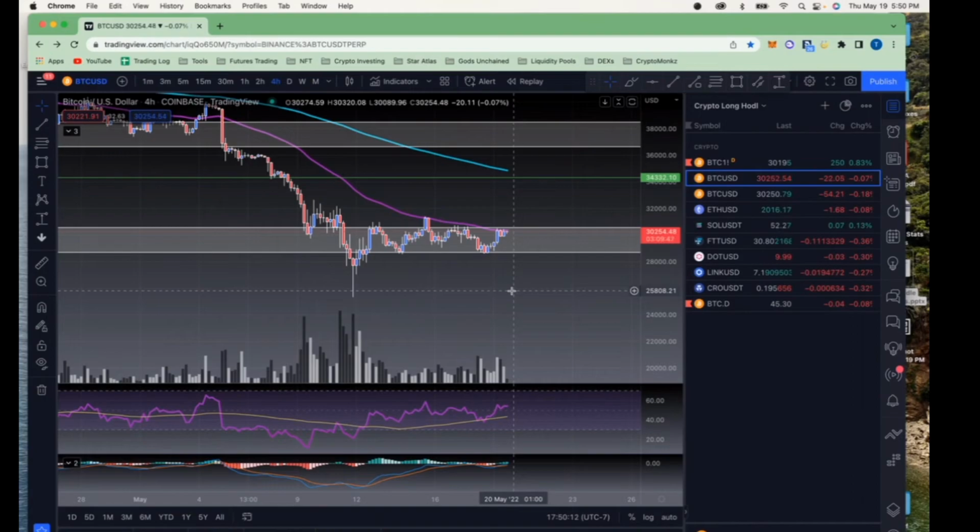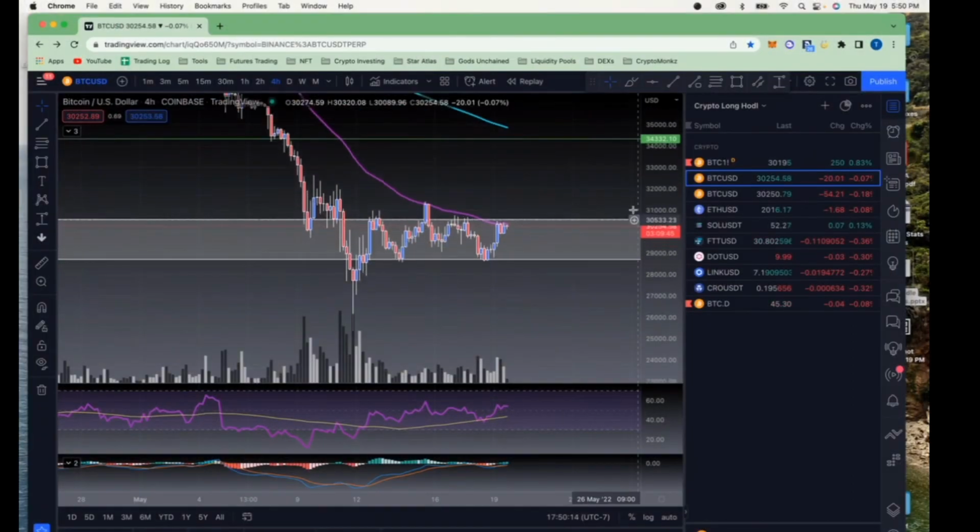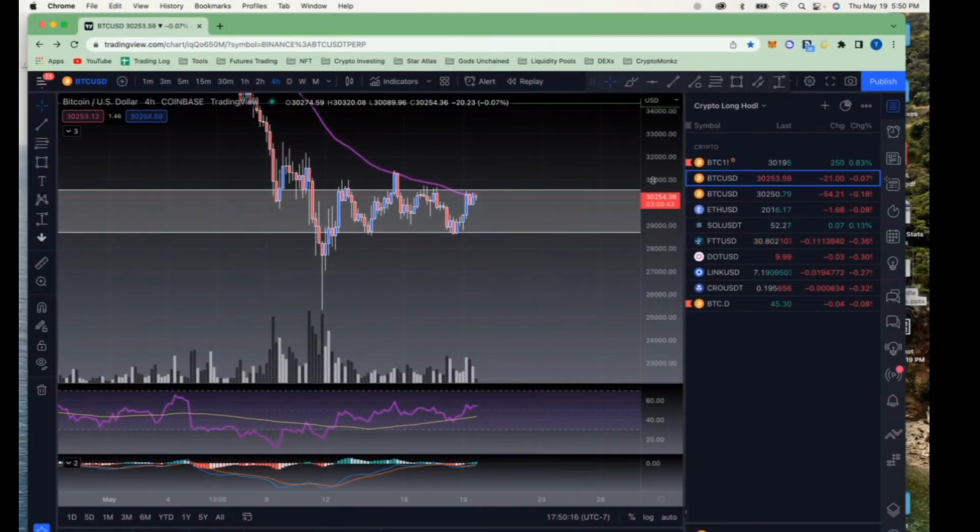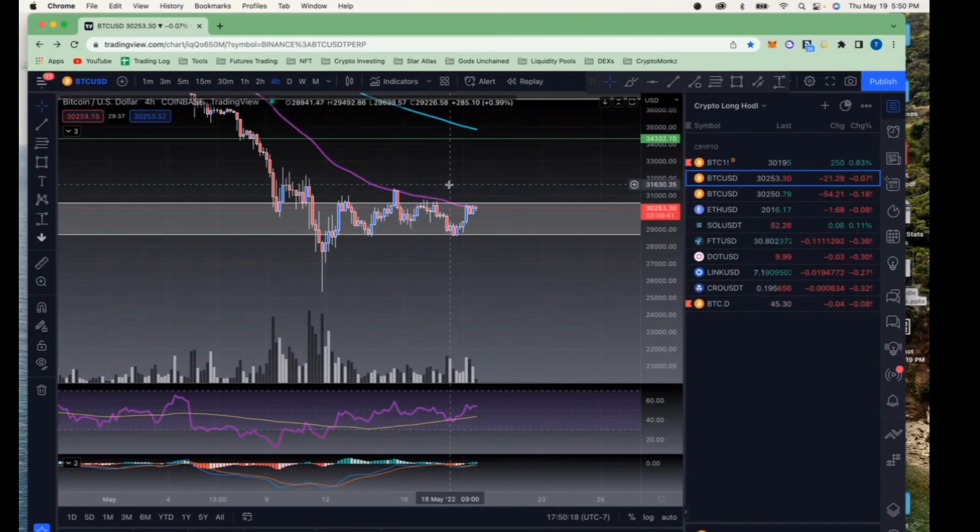Like, if you want to practice, you just got to do it. As much as all of this will start to make sense, until you literally push the green button that says buy or the red button that says sell, there's no other way of getting good at it besides just doing it.